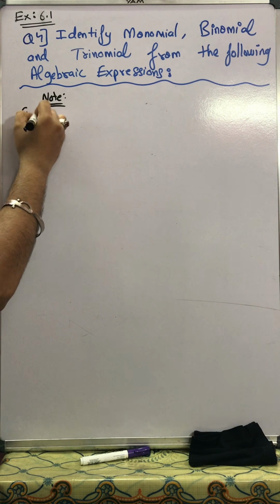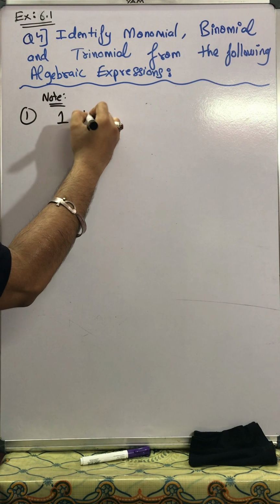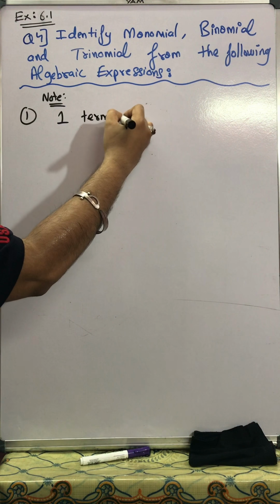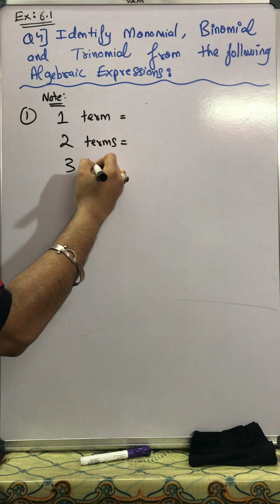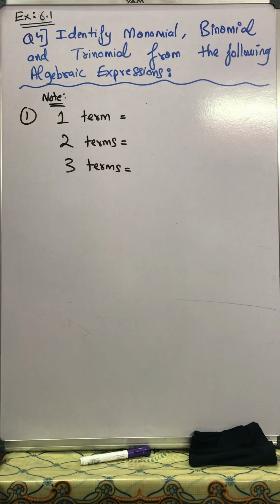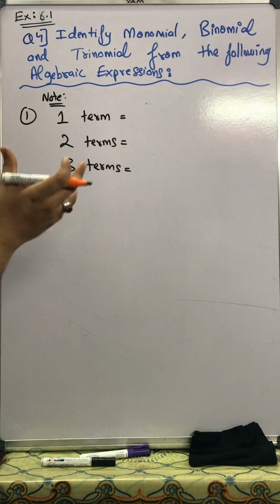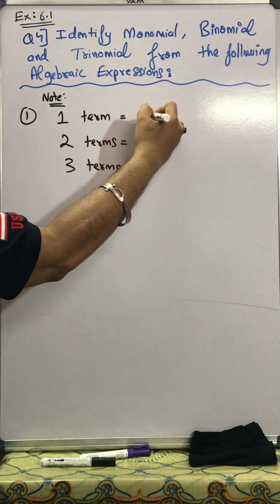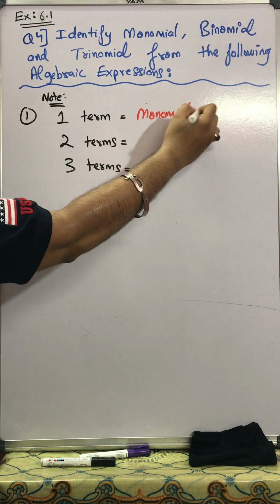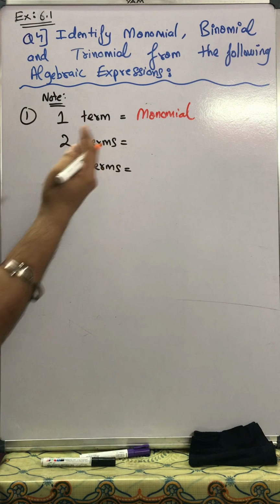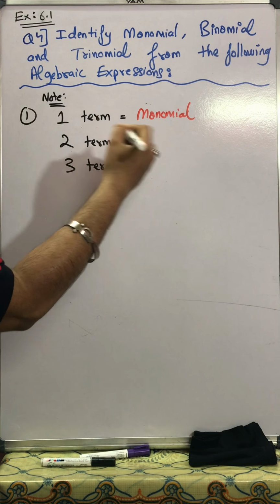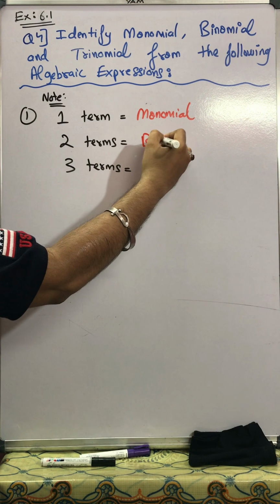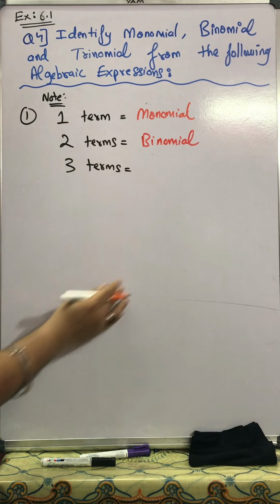The first thing I would like to tell you all is, whenever we have one term, or when we have two terms, or when we have three terms. Okay. So whenever we have one term, that algebraic expression is called a monomial. Whenever we have two terms in any expression, I'm using the word terms, then we call that expression a binomial.